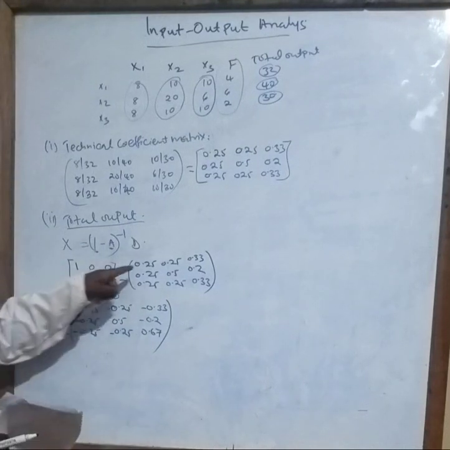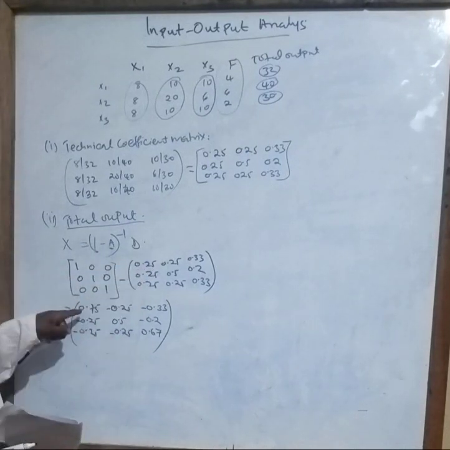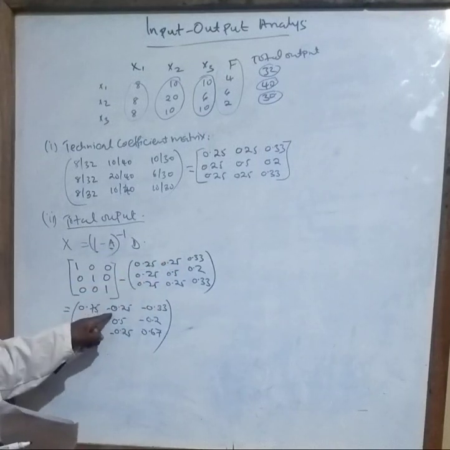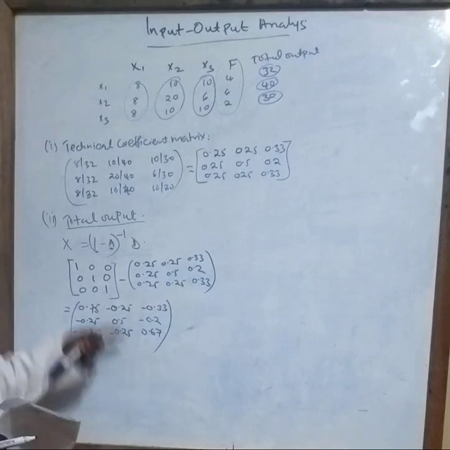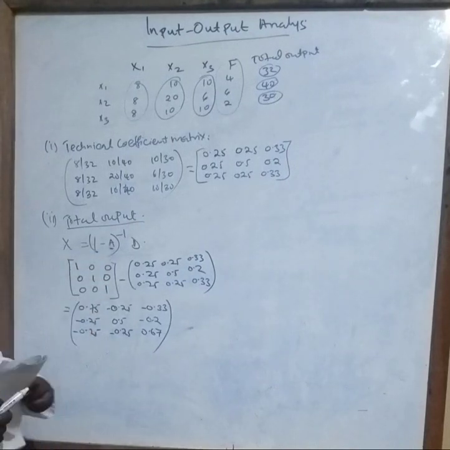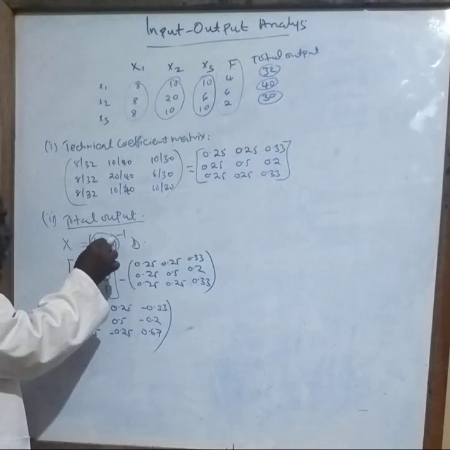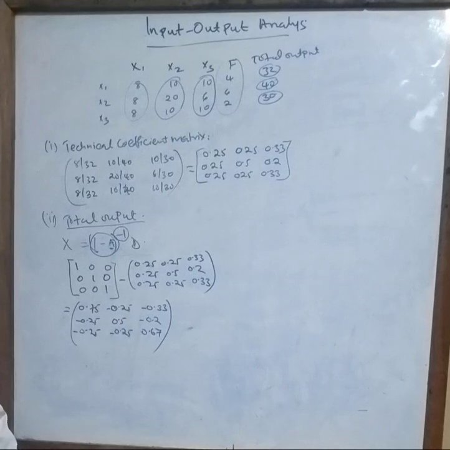So 1 minus 0.25, you get 0.75. 0 minus 0.25, you get negative 0.25. So this is the first part here. But then we go to the inverse. How do we calculate the inverse? We proceed.